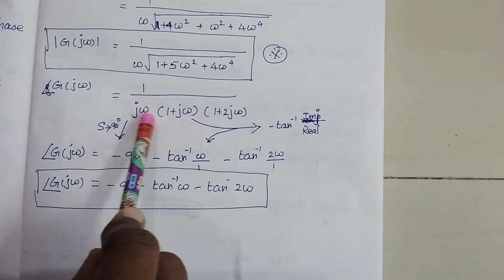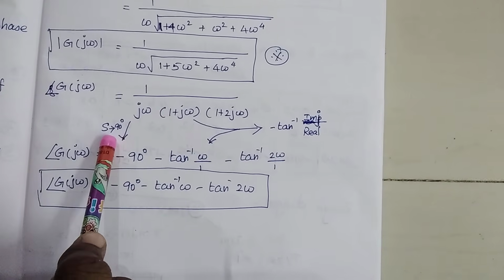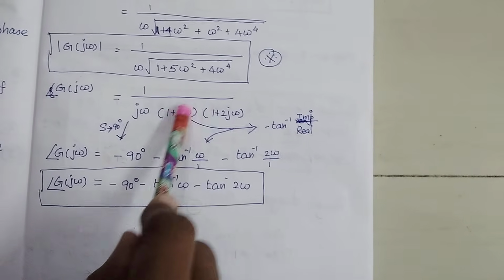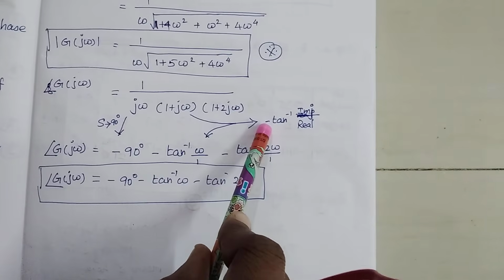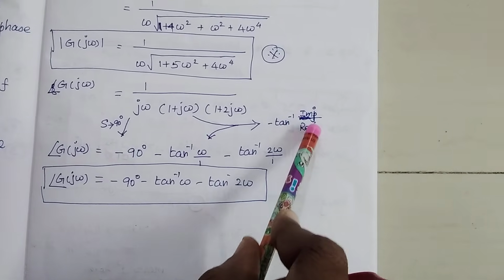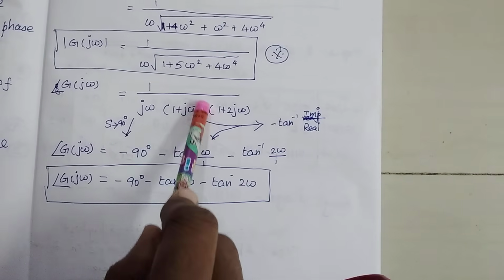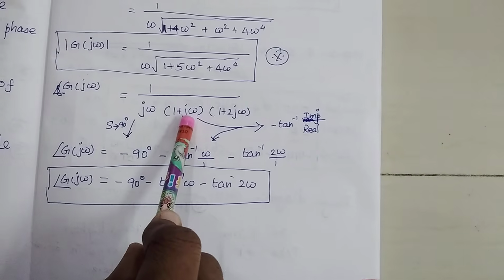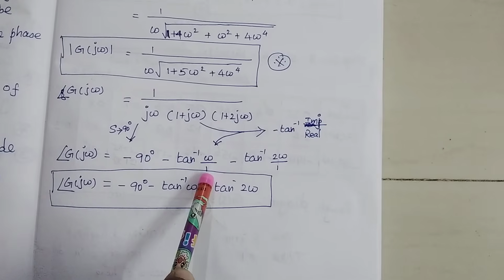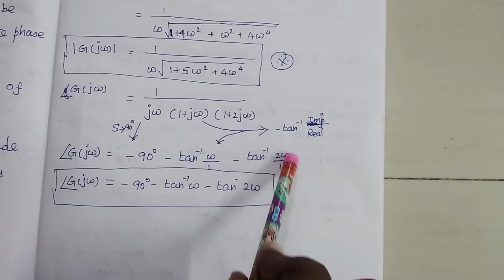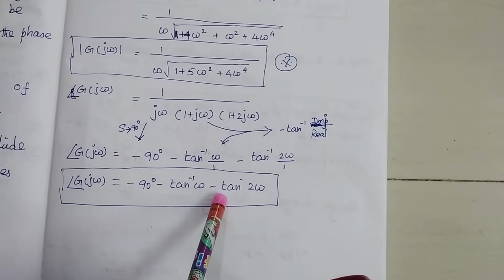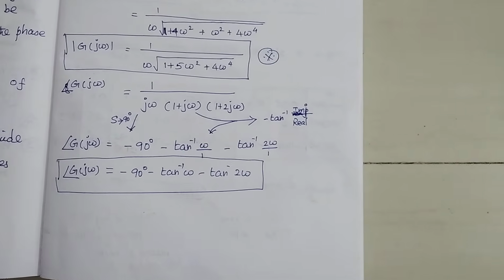Here in this expression we have only one s term, so that s term gives minus 90 degrees. Then for the angle equation, minus because of the denominator side, tan inverse of imaginary part divided by real part, with coefficients omega by 1 and 2 omega by 1. So the expression becomes minus 90 degrees minus tan inverse of omega minus tan inverse of 2 omega.